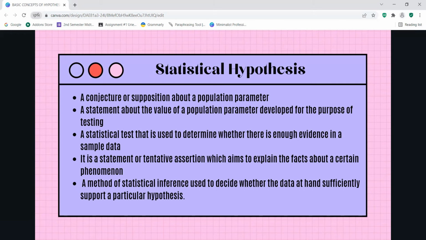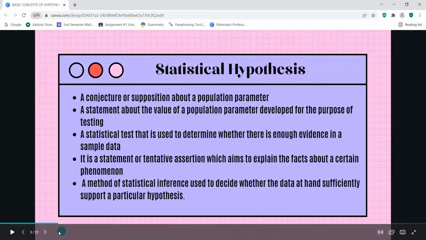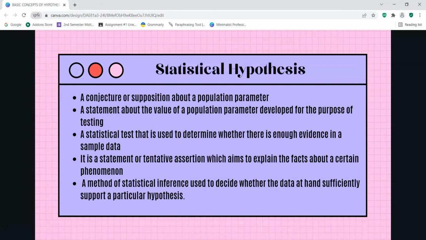It is a statement or tentative assertion which aims to explain the facts about a certain phenomenon. A method of statistical inference used to decide whether the data at hand sufficiently support a particular hypothesis. This statistical hypothesis testing is a method of making decisions about a population based on a sample data.